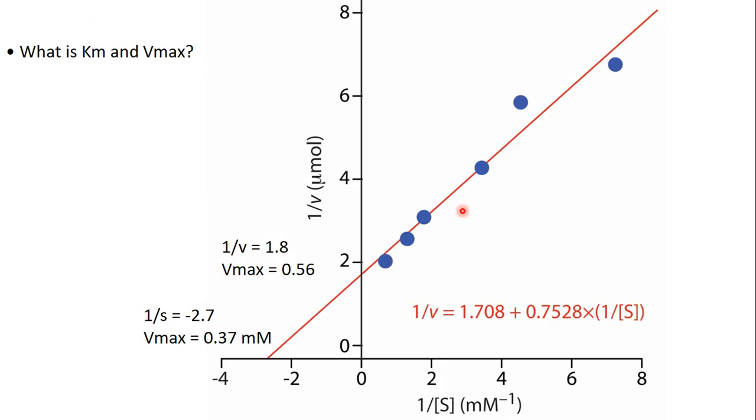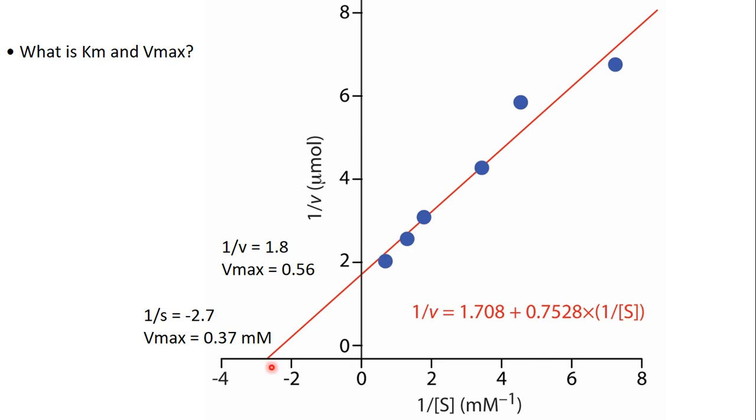So let's take a look at this. We actually have a Lineweaver-Burk plot. What's Km and what's Vmax? Vmax is where we cross this intercept. That's roughly 1.8, so 1 divided by V equals 1.8. So you do 1 divided by this number to get Vmax. Vmax is 0.56.